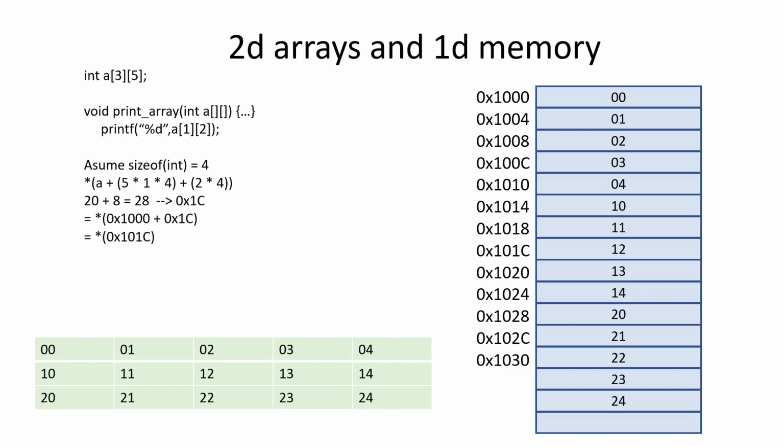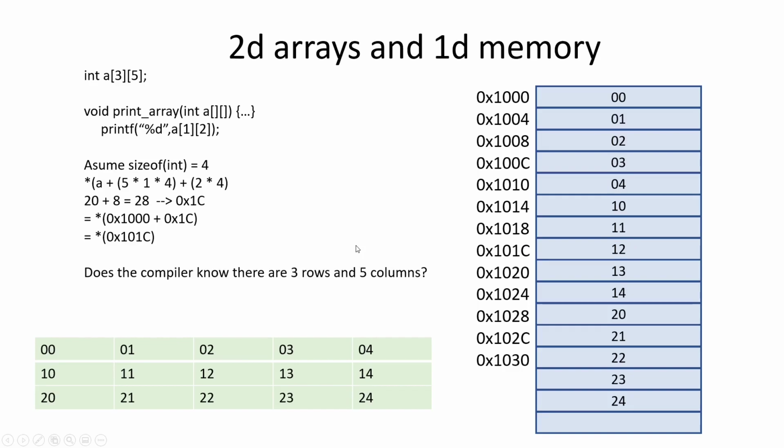And I'm going to have a remainder of 12. And 12 is C in hex, so 10 would be A, 11 would be B, 12 would be C. And then when I add these together, hexadecimal 1000 plus hexadecimal 1C is just 101C. And again, I'm going to need to dereference this because I want to print the value there, not the address. So that star says take whatever is in the address and go get the number.